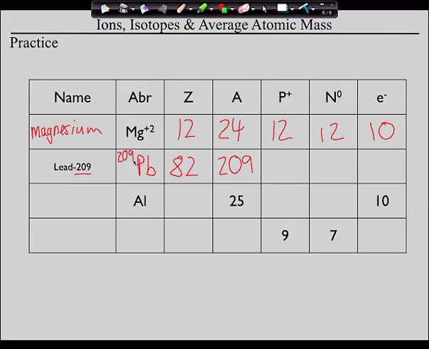Write the mass into the abbreviation. So the rule is this. If you are looking at a mass that is not the average, it's got to go in the abbreviation as a superscript on the left. I'll give you a second to write that down because I know you're thinking to yourself, I'm going to forget that. Largely because you're going to forget that.